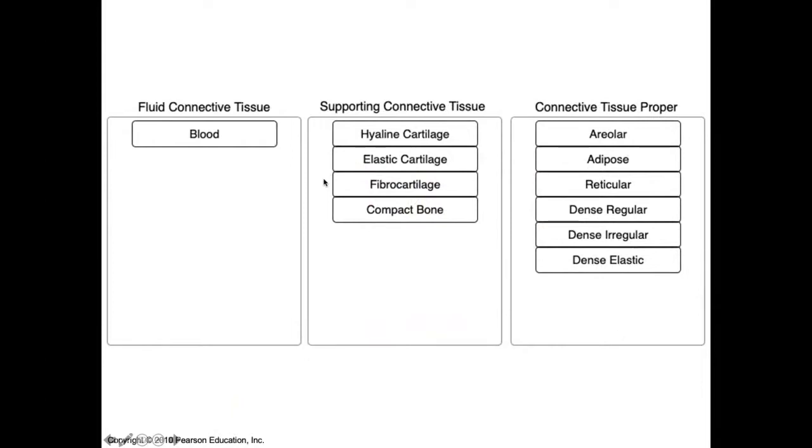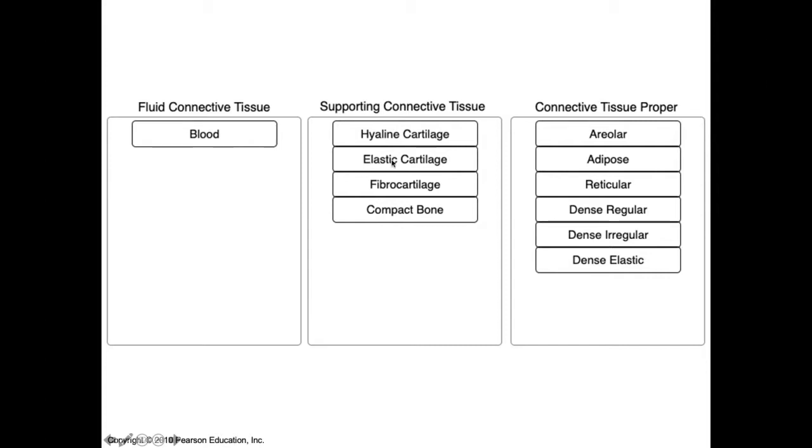Just to review what we covered before, remember there's fluid connective tissue, there's supporting connective tissue, and then there's connective tissue proper. When we talked about supporting connective tissue, that was bone and that was cartilage. What were the 3 types of cartilage? Hyaline, elastic, and fibro.